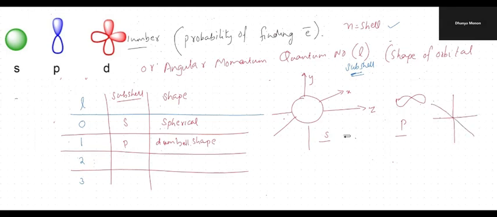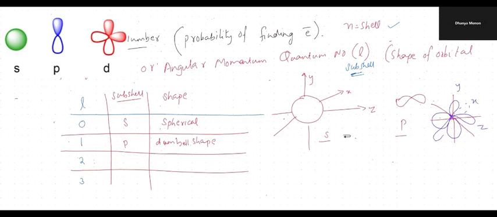This is along the y-axis. This is along the z-axis. And this is along the x-axis. So it has a dumbbell shape.